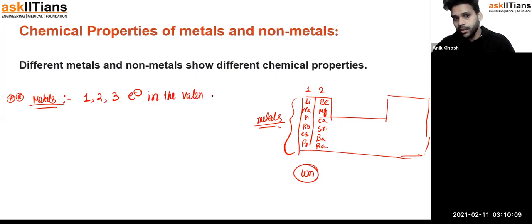If you try to find out the electronic configuration of all these elements, you'll see that all of them contain either 1, 2, or 3 electrons, like here in group 13.